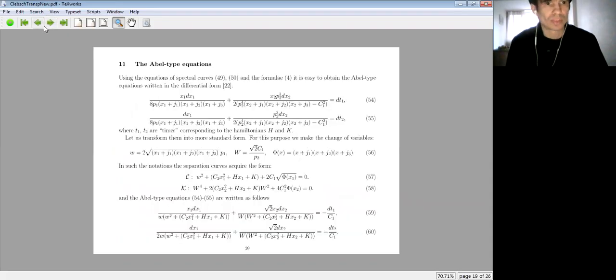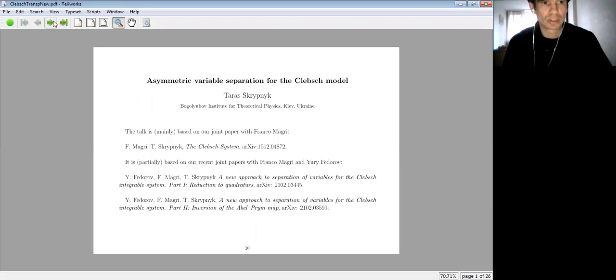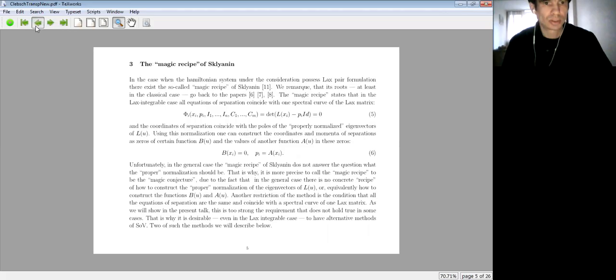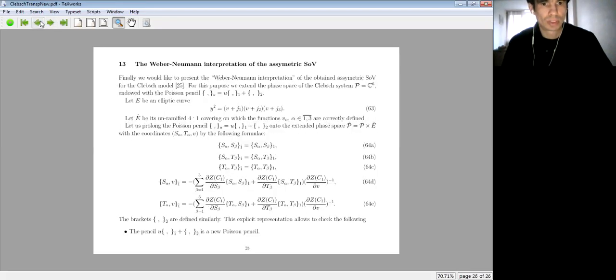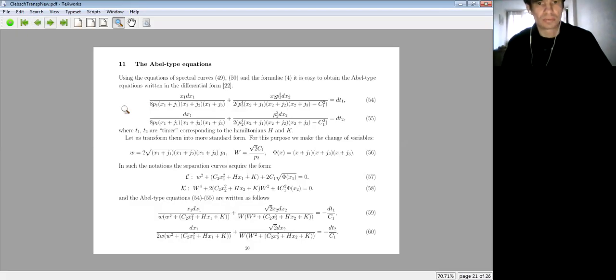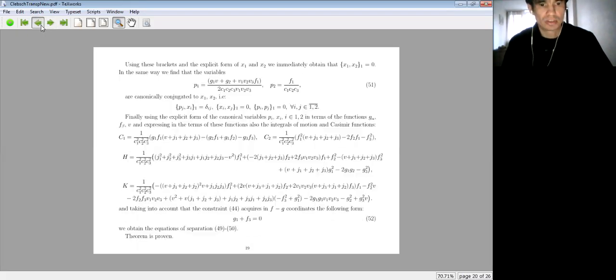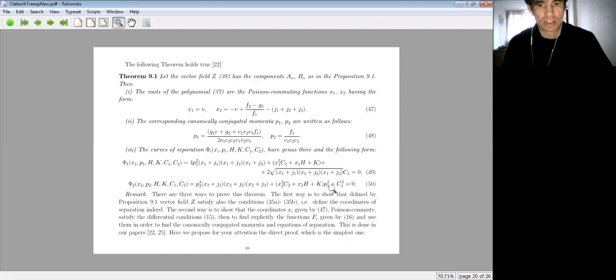So the final point of the procedure are the so-called Abel type equations, written in the differential form, using the general formula 4, which, let me remind, is written as follows. And the explicit form of the equation of separation given by formulas 49 and 50.